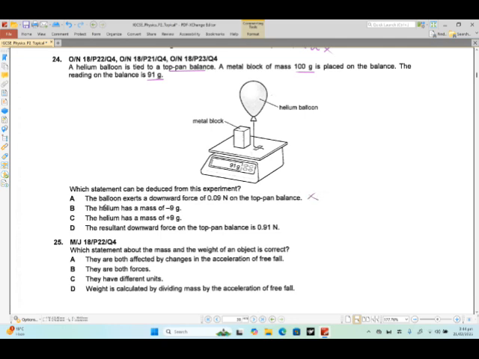The helium has a mass of -9 grams. नहीं बेटे, हीलियम का मास -9 ग्राम नहीं है.